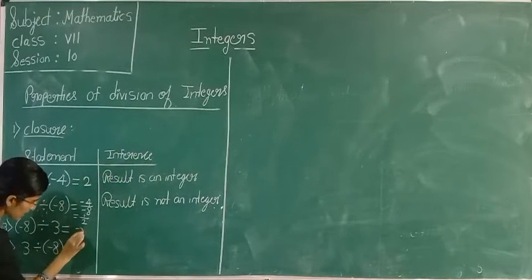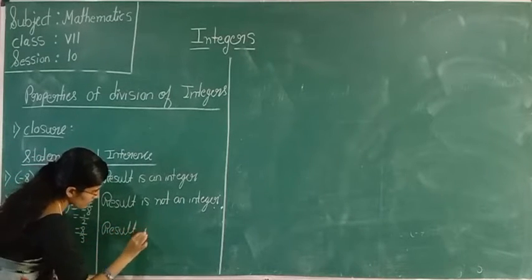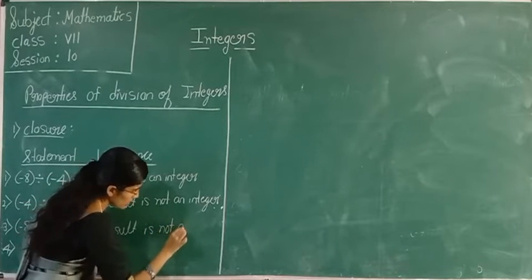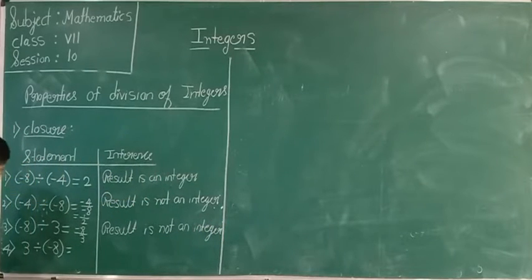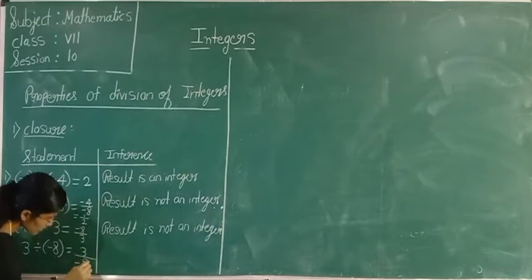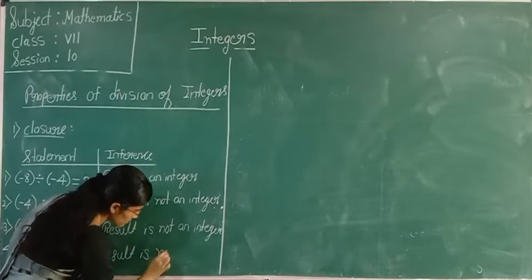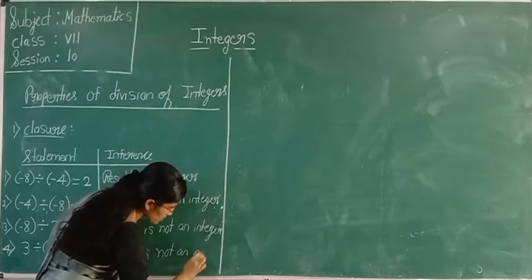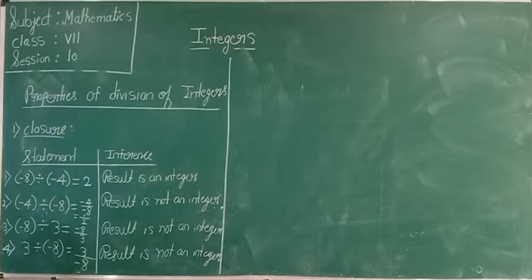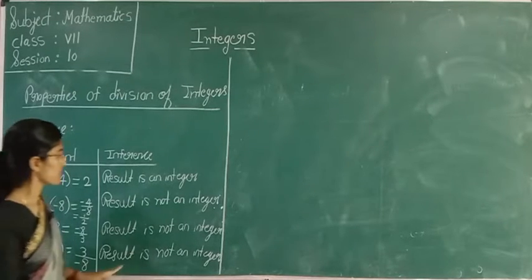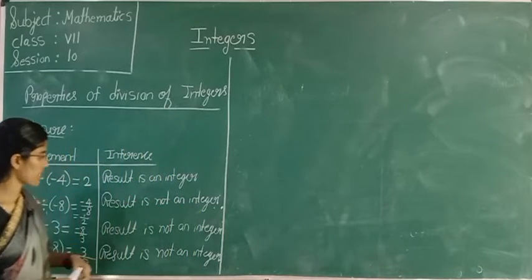Now see, minus 8 divided by 3. Result is not an integer. 3 divided by minus 8. Here also the result is not an integer. So what we can tell is that the integers are not closed under division. Yes or no? We are not getting an integer as the result.